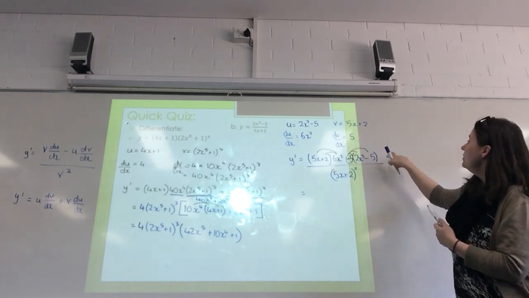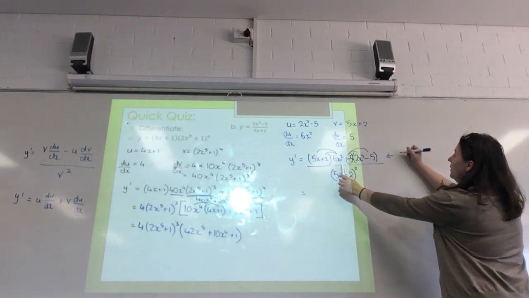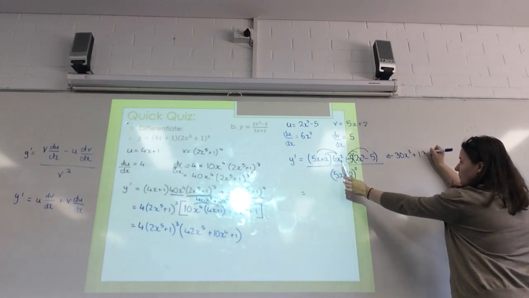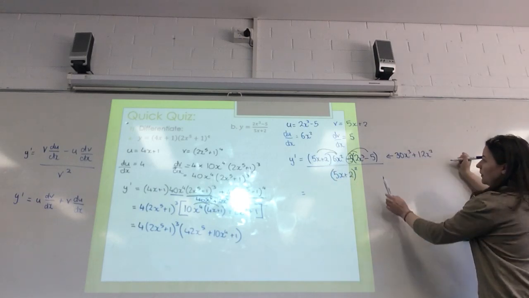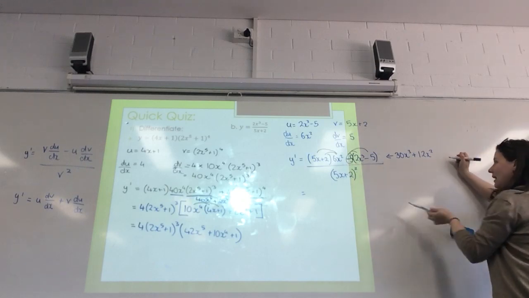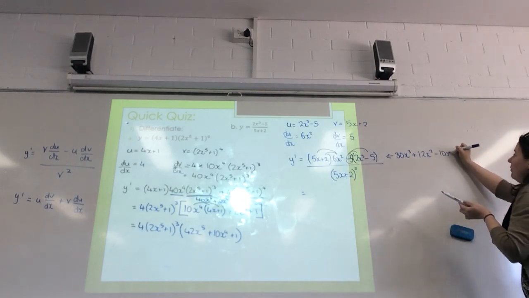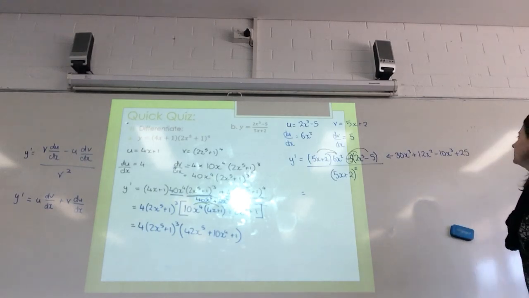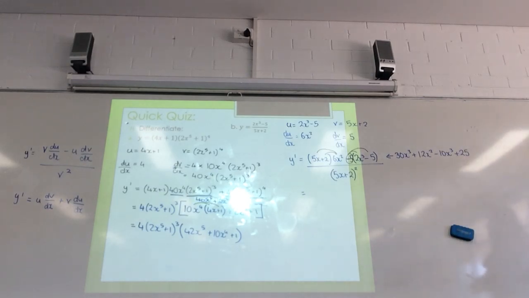Now I'm going to do my sneaky little line expanding the numerator there. Notice I've circled the negative to make sure I don't make a rookie error. And now this is quite simple for me to put together.